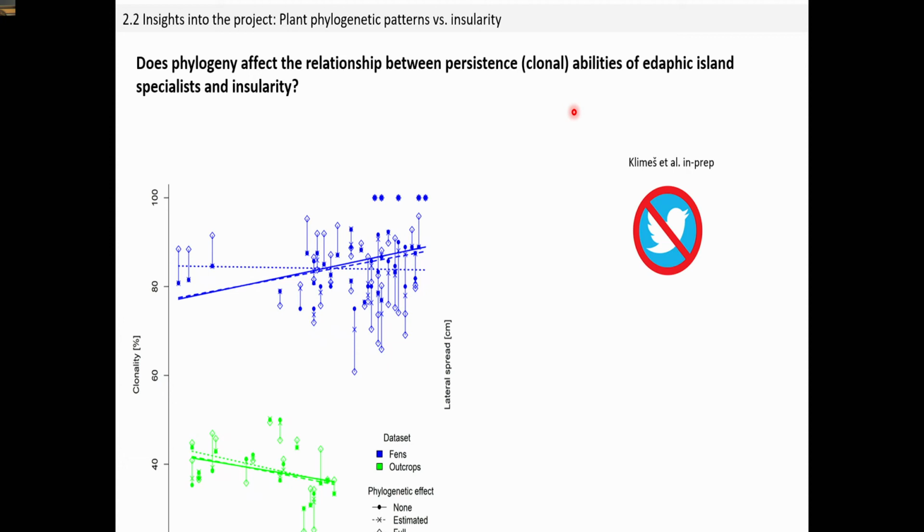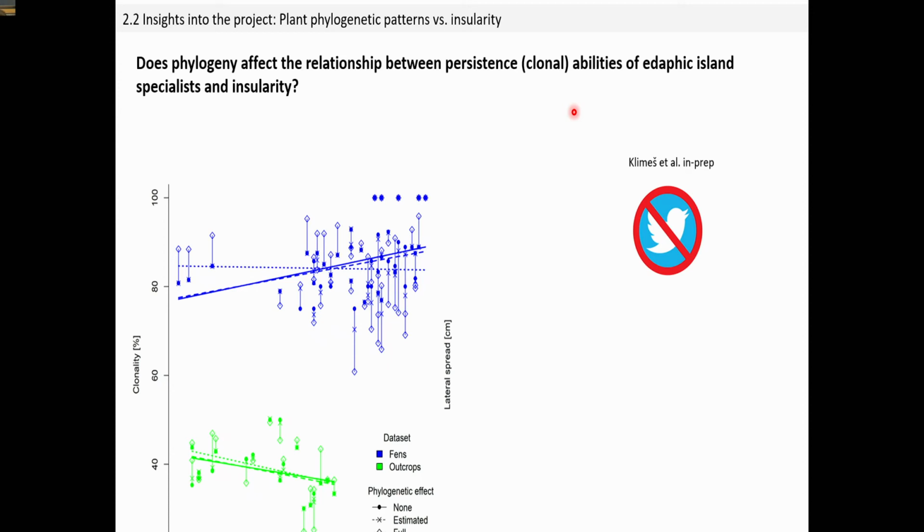It looks like, in fact, there is not, or very little, because also for the other one, which was lateral spread, once we exclude one species which is doing all the work. Actually Adam is running this in 3D: this is non-corrected, this is kind of a midpoint, and this is the full correction with Brownian motion, which is really messing up the thing.